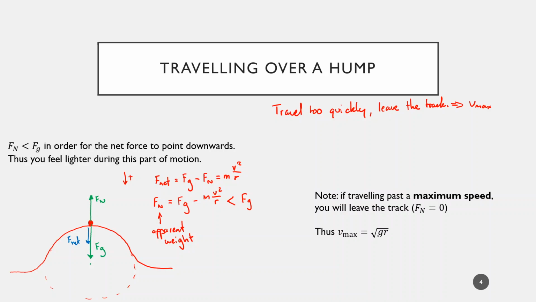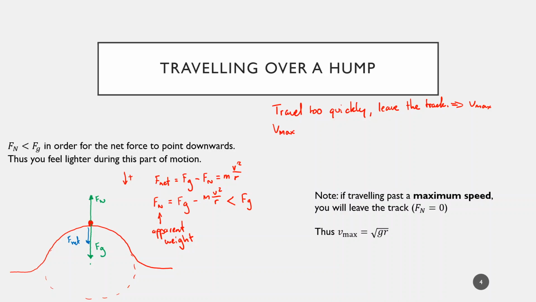Now what does it mean to leave the track? If you're not in contact with the track, is there a normal force acting on you? No. So the point at which you leave the track is the point at which the normal force becomes zero. So this maximum velocity occurs just when you leave the track.